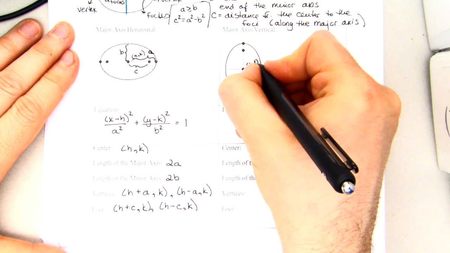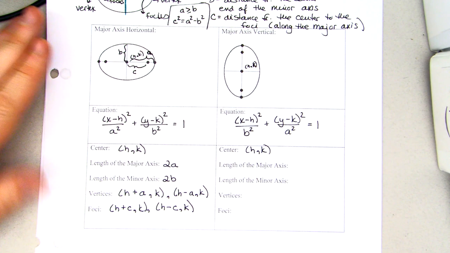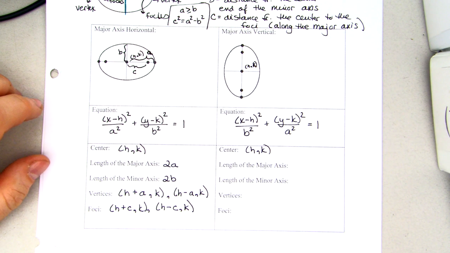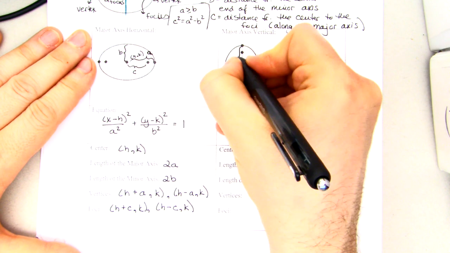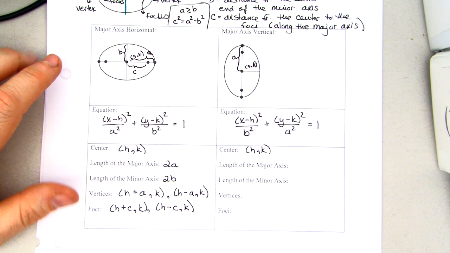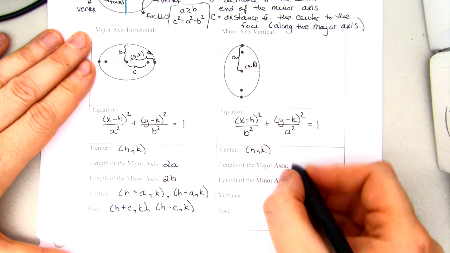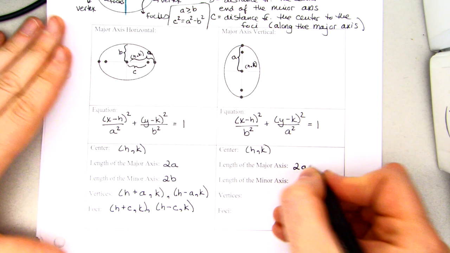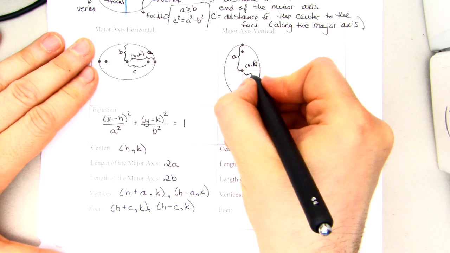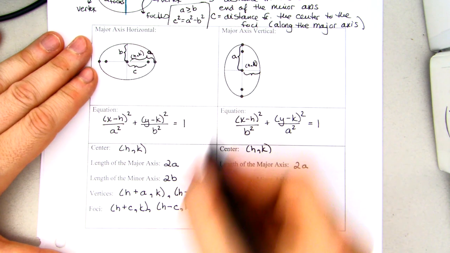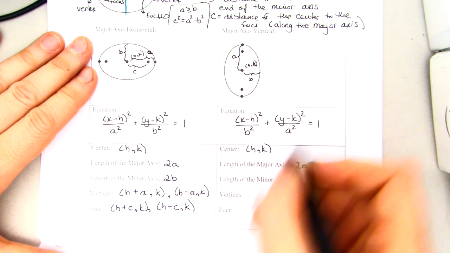That's a little bit tricky to see, but that's h comma k. The major axis this time is vertical, because that's the longer one. Distance from the center to the vertex is a, so the entire length of the major axis is 2a, just like it was for the horizontal ellipse.